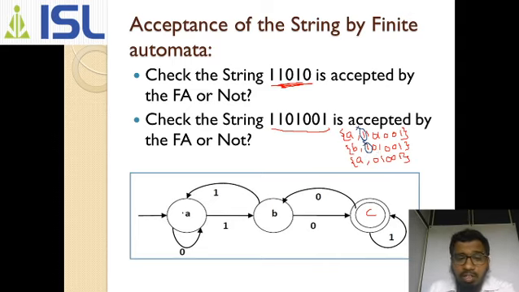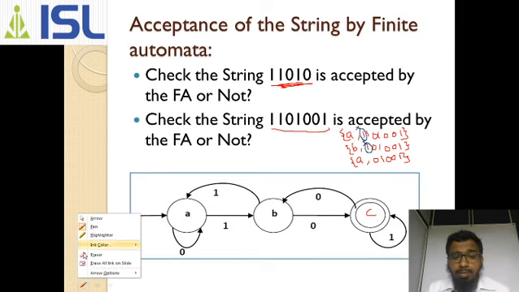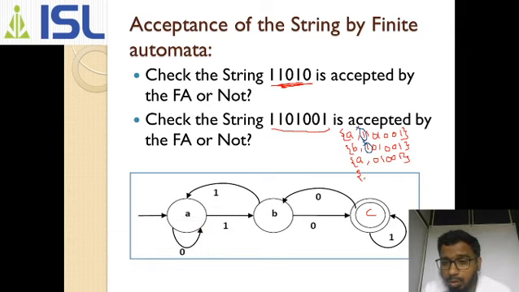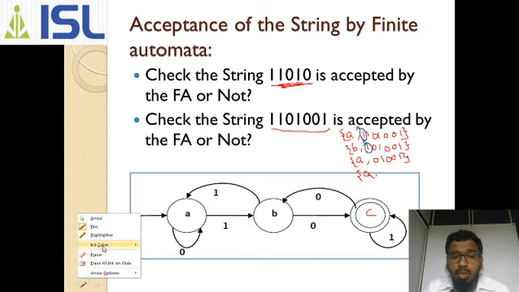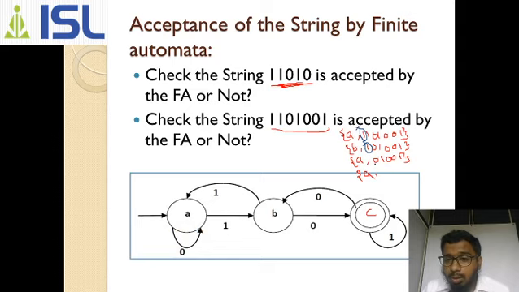Okay, the next, if A is 0, where is it going? Again it is going to A only, A comma, then here we need to remove this because we reached here.